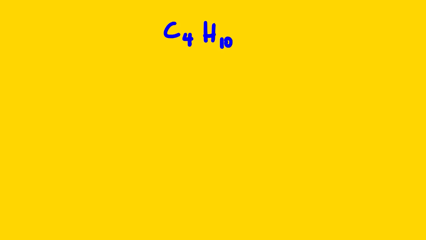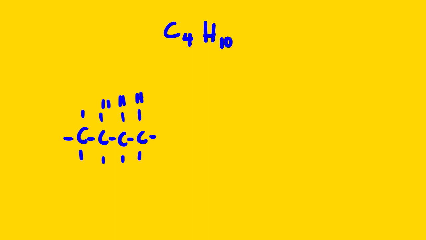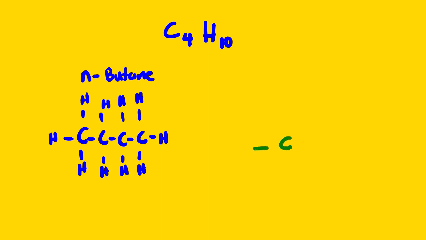We have 1, 2, 3, 4. It's butane. It has 4 carbon atoms. Then we put our hydrogens here. We have 10 hydrogen atoms. So this is butane, or we can say it's n-butane. And then looking at another structure that represents this molecular formula, we have isobutane.